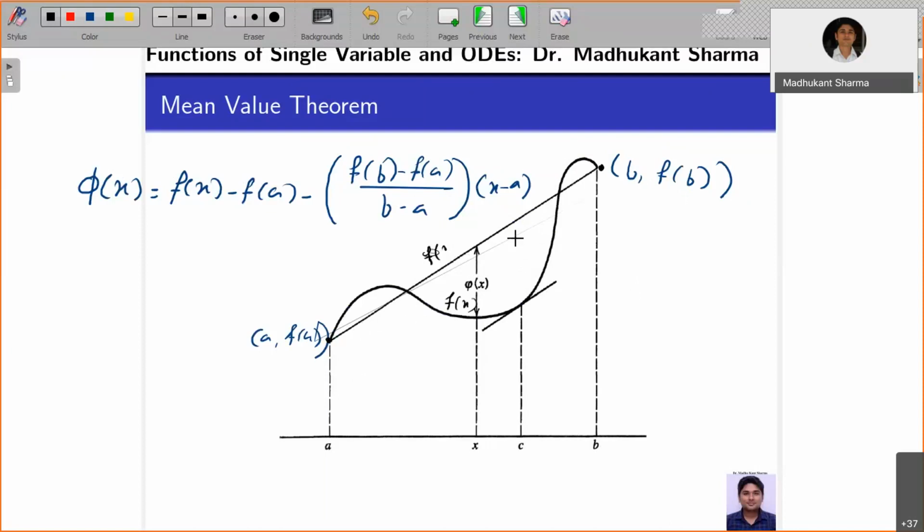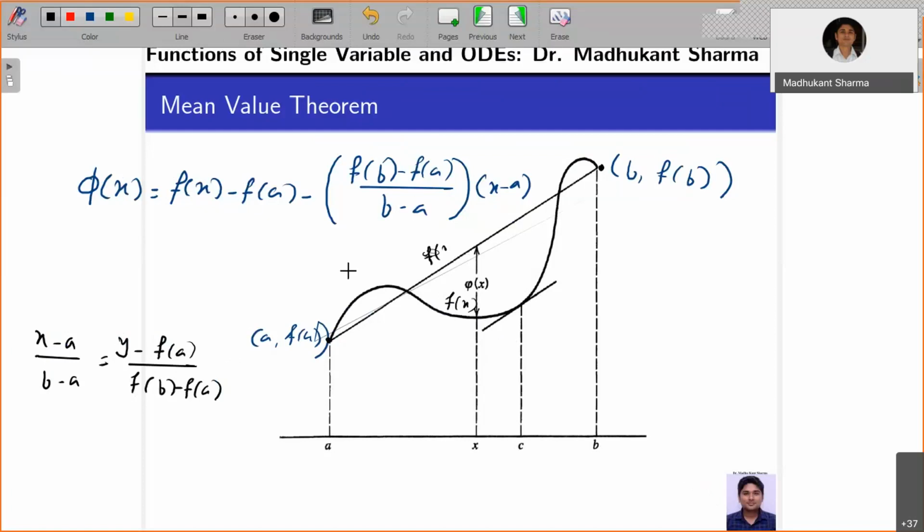The equation of the line is x minus a divided by b minus a equals y minus f of a divided by f of b minus f of a.